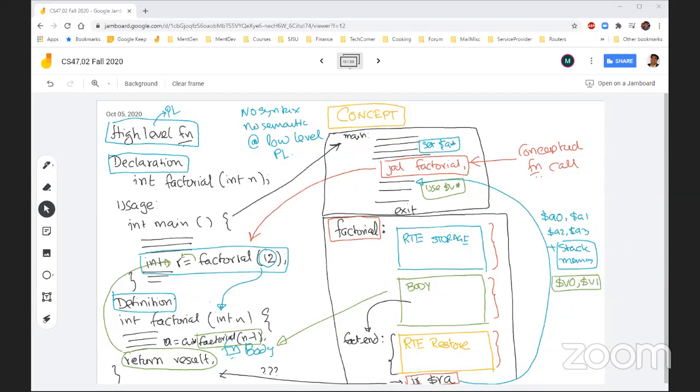If you look at the body and it is doing a JAL, jump and link to factorial, the same as the call from outside, but you are doing it from inside, then this is a recursive call.